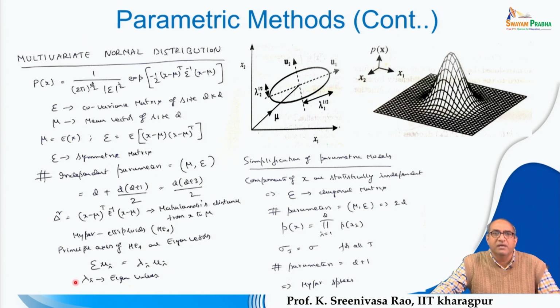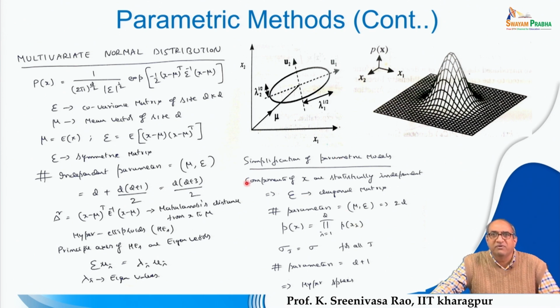These are related by the covariance matrix multiplied by the eigenvector equals the eigenvalue multiplied by the eigenvector. So in a two-dimensional or multidimensional case, the eigenvectors indicate the direction of maximum variance, and the eigenvalues indicate the amount of variance.